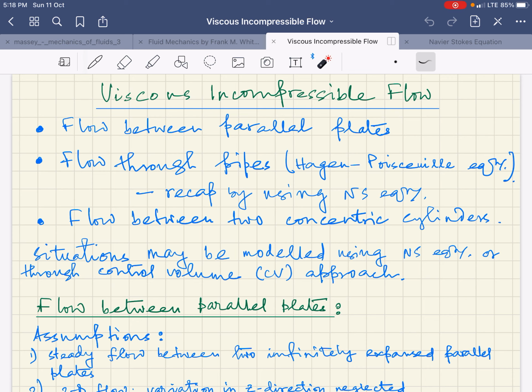In all the cases, all the moving vehicles have to go through the fluid medium, be it air or water, and whatever the fluid, it always offers some kind of force which opposes the motion, what we call the drag force.